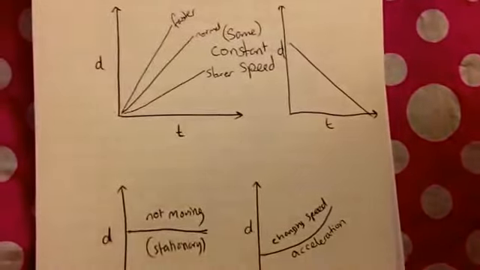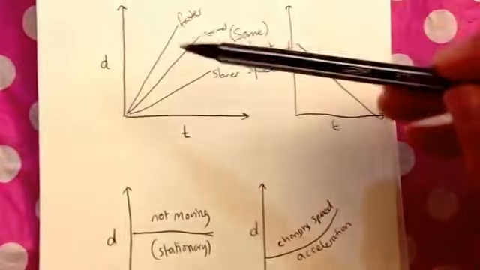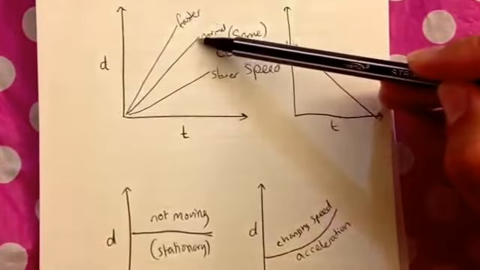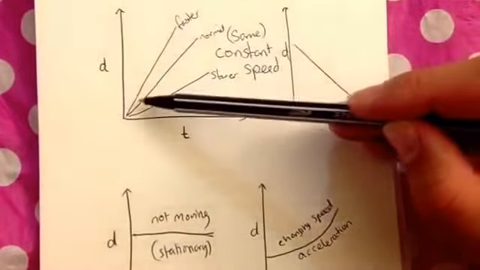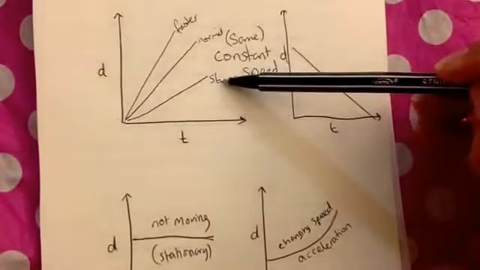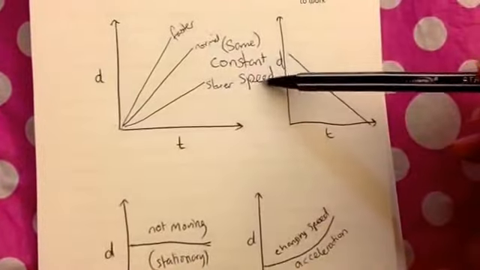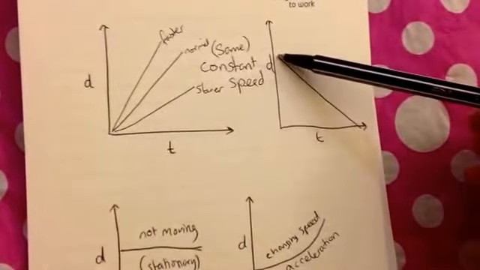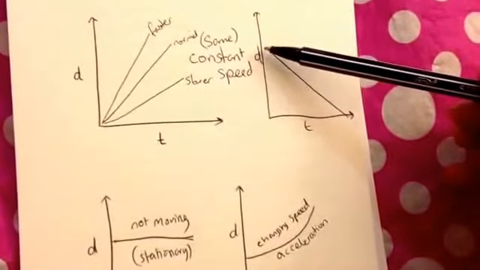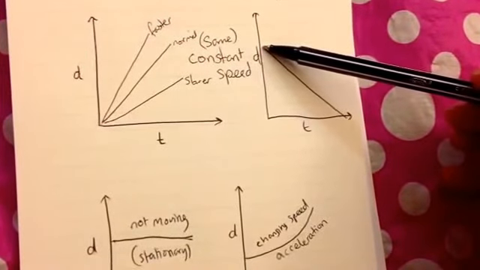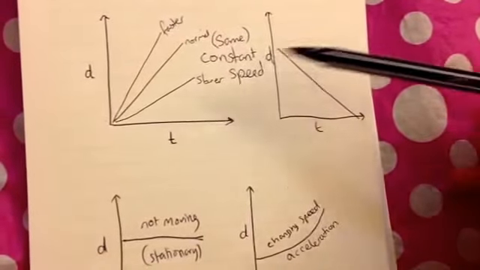So to quickly summarize then, we have a straight line, which is a constant speed. If you make the slope bigger, it's a faster speed. The slope smaller, it's a slower speed. So the slope is talking about speed. The slope going backwards would mean not that the speed is getting slower, but that the speed is in another direction.